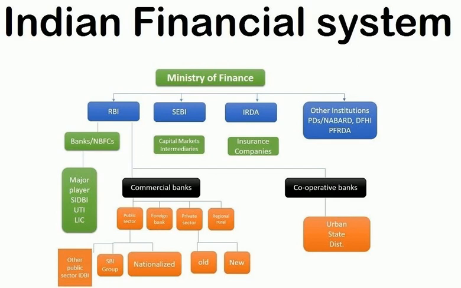Fourth is the role as a provider of payment mechanism. Financial institutions like banks provide a mechanism of payment for exchange of goods and services. Fifth is the role as a provider of information. It gives various types of information, price related information, to the participants.